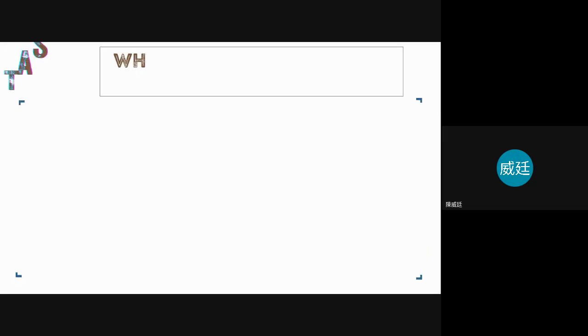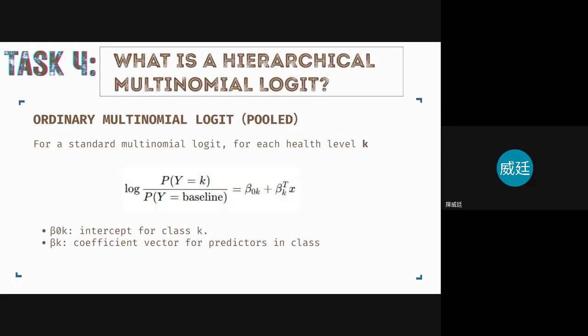Now I'll talk about the text for the hierarchical multinomial logit, and I'll start from something more familiar, the baseline, which is the ordinary multinomial logit, a so-called pooled model.